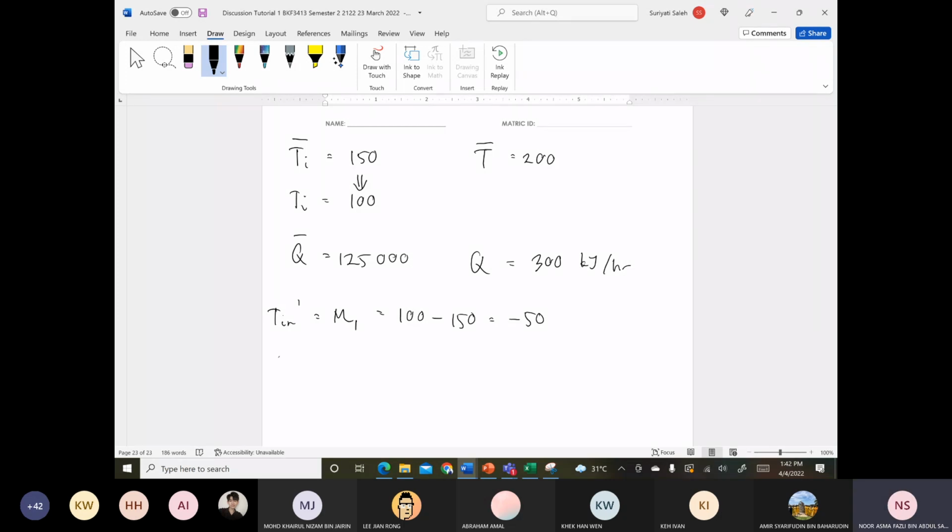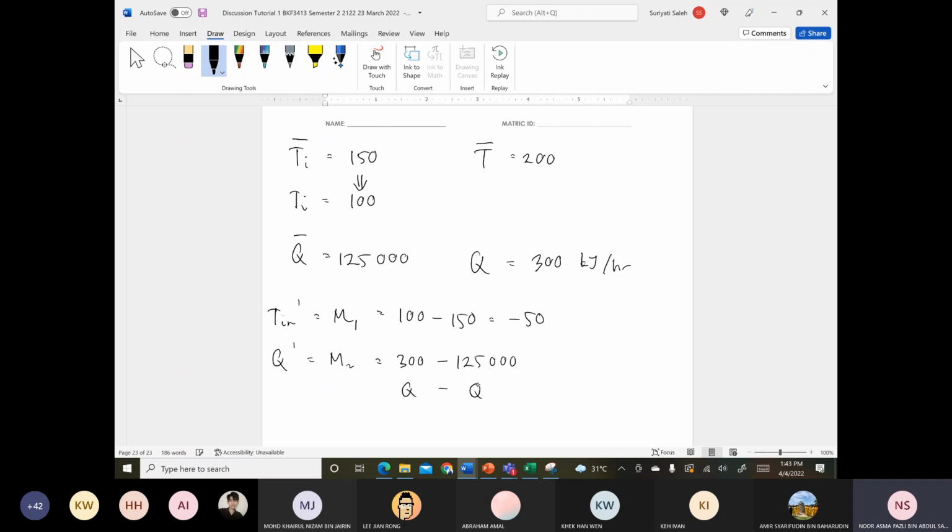And then the Q prime. The magnitude for the Q, let's say I put M2 equal to 300 minus 125,000. Or this one, sometimes we call it Q minus Q bar.